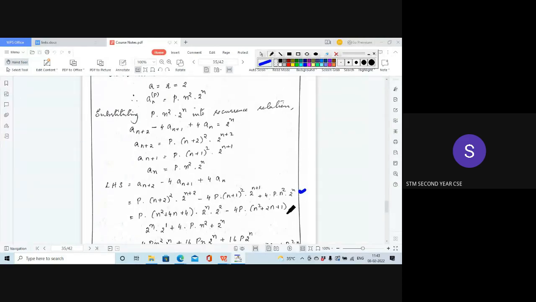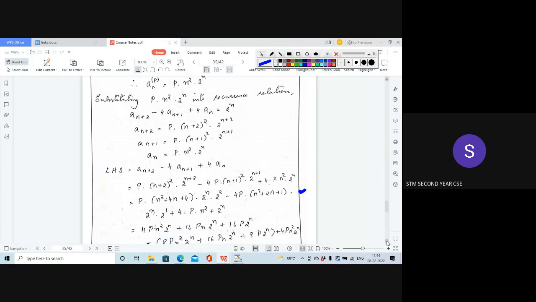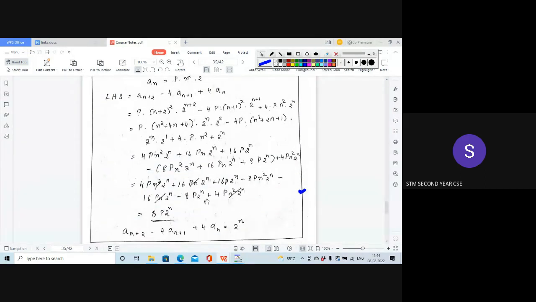Now I had expanded (n+2) the whole square as (a+b) the whole square, a square plus 2ab plus b square, into 2 raised to n+2 written as 2 raised to n into 2 raised to 2, and the whole thing is expanded. Then finally when I solve it, what will you get? After solving, some of the terms will cancel off, and finally I will get 8p into 2 raised to n.